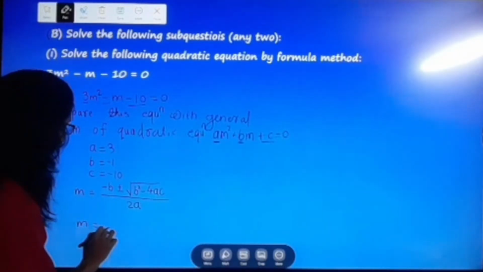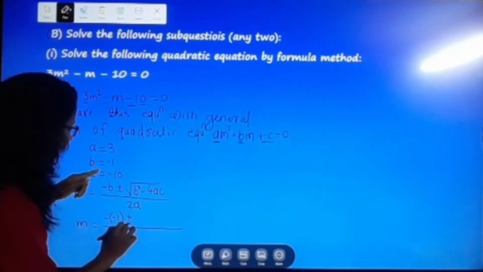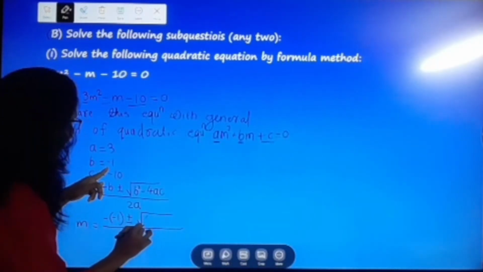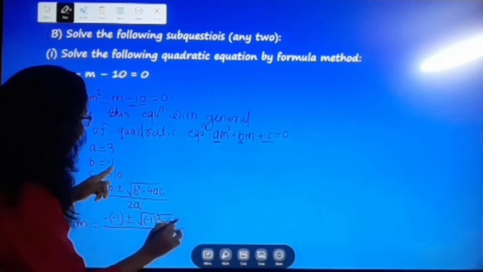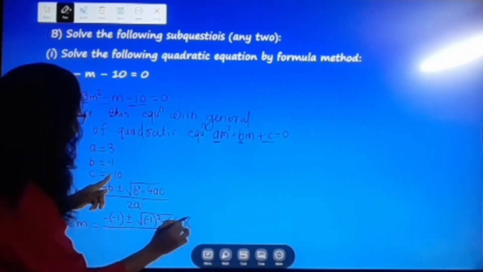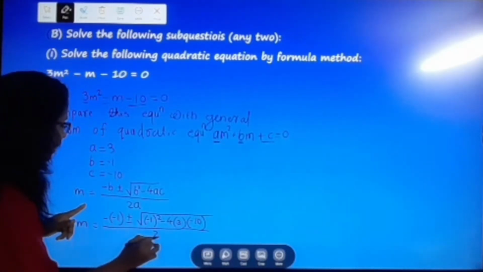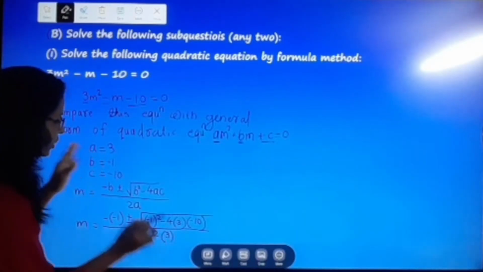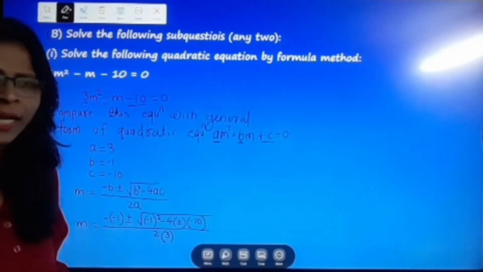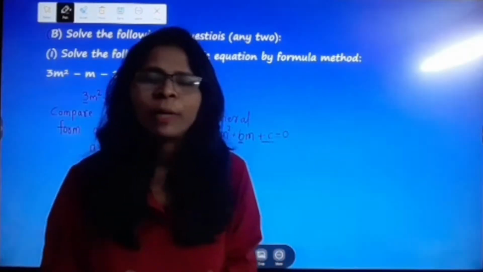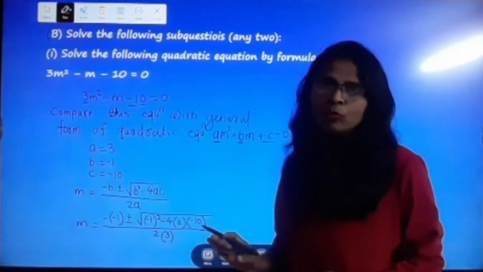So m is equal to minus of minus 1, plus or minus the square root of minus 1 square minus 4 multiply 3 multiply minus 10, upon 2 multiply 3. Students, you have to fill in the values properly and carefully there. You have to substitute the values correctly in that place.